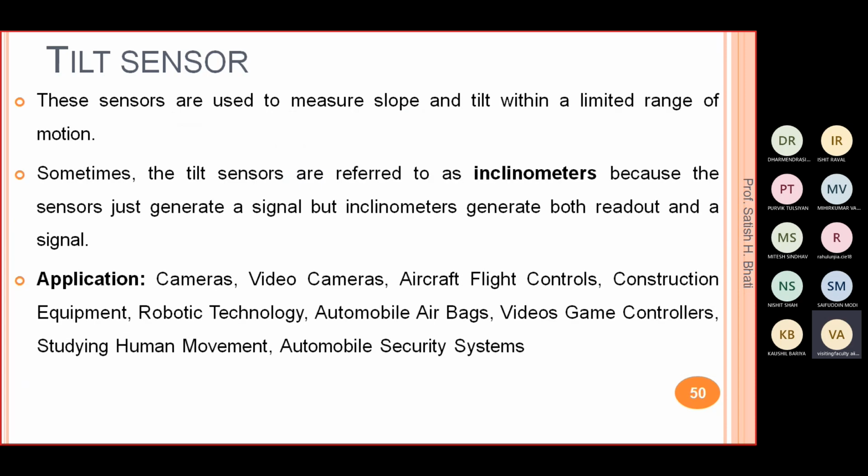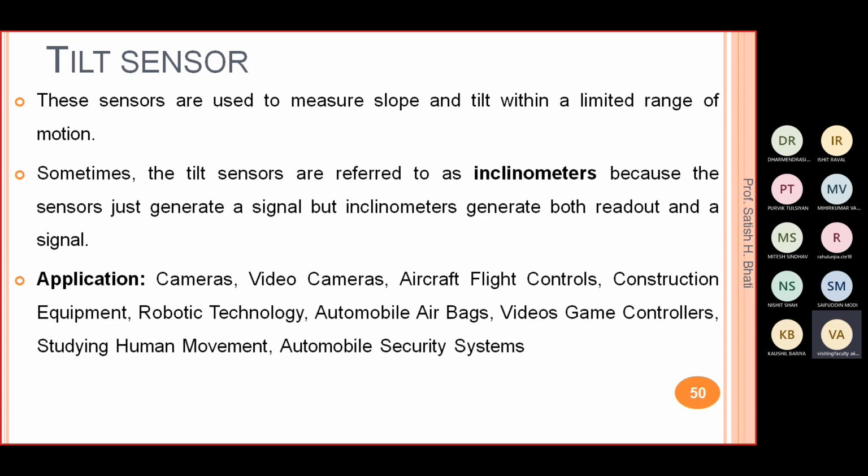So the sensors are used to measure the slope and the tilt within a limited range of motion. Sometimes these sensors are referred to as an inclinometer. This inclinometer is used, I think, in the civil engineering domain, and in the inclinometer we have the tilt sensor.